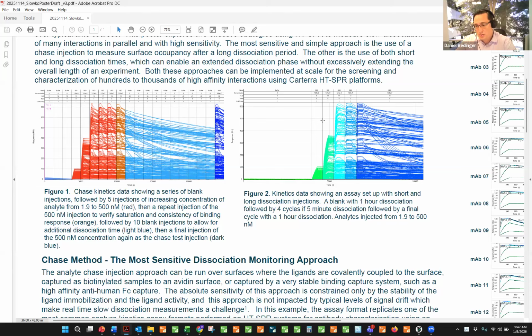So this is a nice short bundle of injections. It doesn't take too long. And then immediately after that, another injection of the highest concentration with an hour dissociation. So we're able to use this leading hour-long dissociation as a good reference across all of these injections. And, time-wise, they're not too far separated.